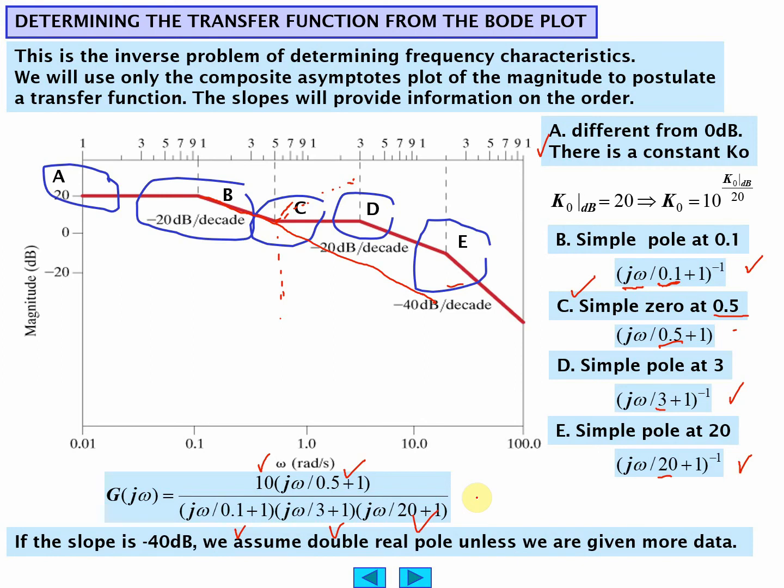Now remember, real curves have curvature. They're smooth, and they show things continuously. When you're analyzing a plot, take the asymptotes.